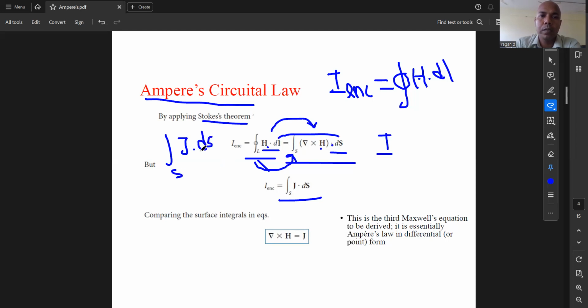So J dot ds is equal to del cross H dot ds, and now we can write del cross H is equal to J. From Ampere's circuital law, we derive del cross H is equal to J, which is the third Maxwell's equation. Finally, we will collect all these results and write the four Maxwell's equations. So del cross H is equal to J is Maxwell's third equation.